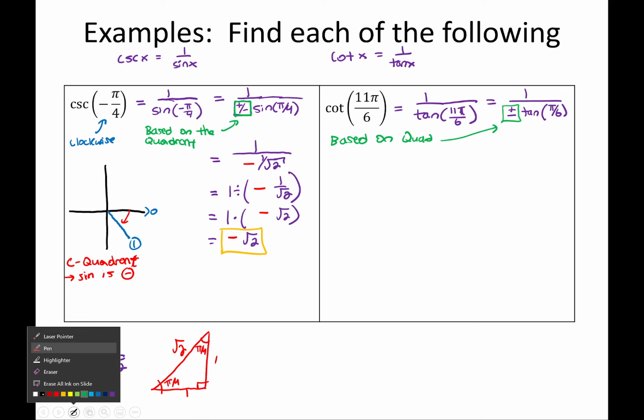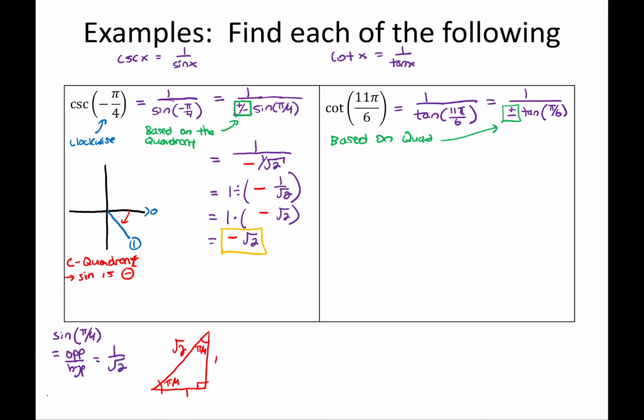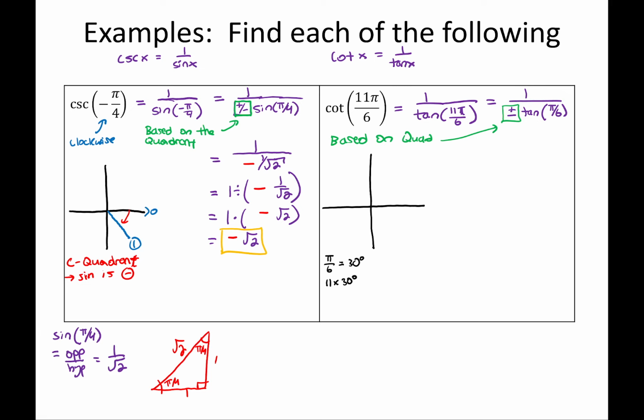Okay, I'm going to do the quadrant part first. So I'm going to make that spiral diagram for 11 pi over 6. Pi over 6 is equal to 30 degrees. So we're going to go 11 times 30 degrees. 1, 2, 3, 4, 5, 6. 6 times 30 is 180, so we're pointing straight to the left.